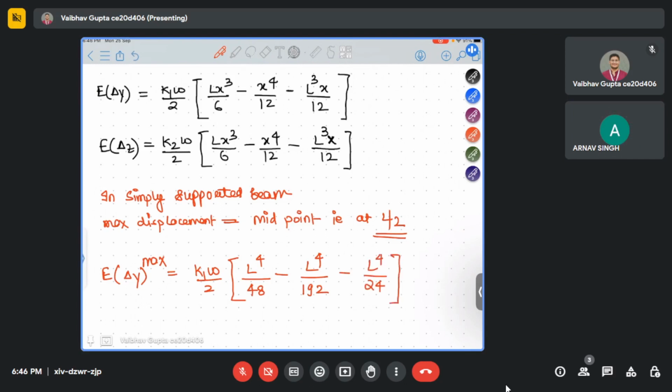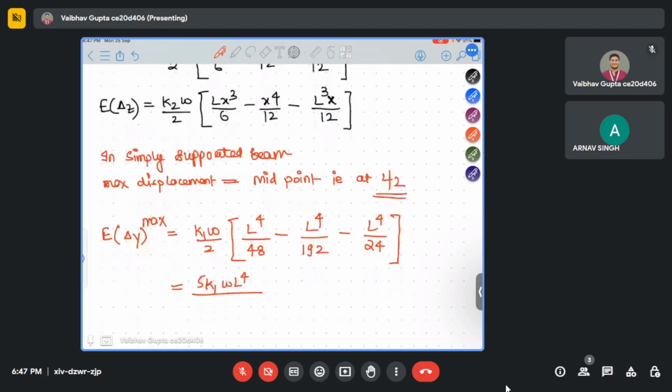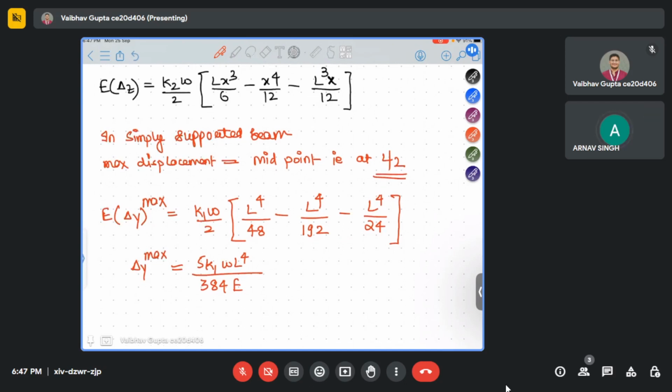If you put x equal to L by 2 you will get this. Now taking LCM you will get K1 W L^4 by 384 E del y max.